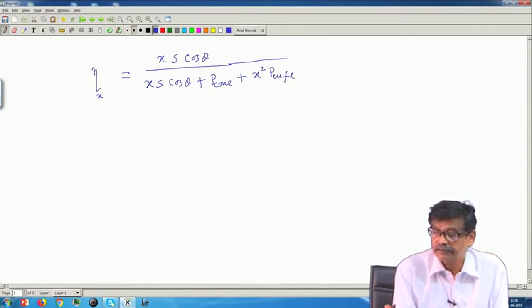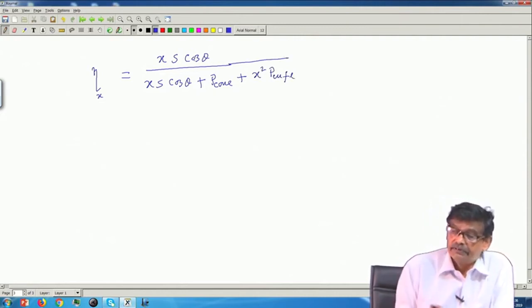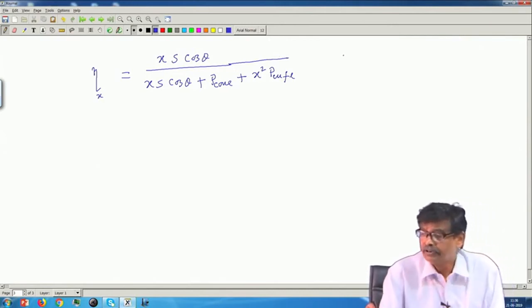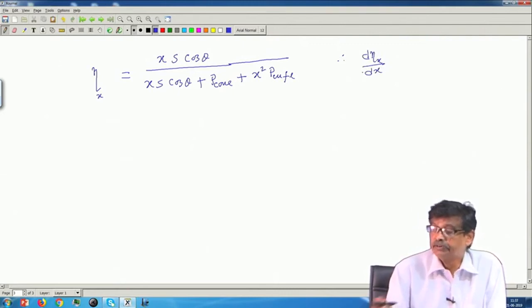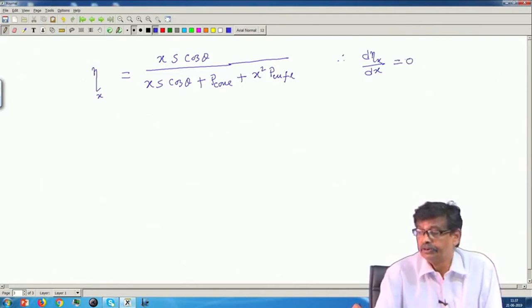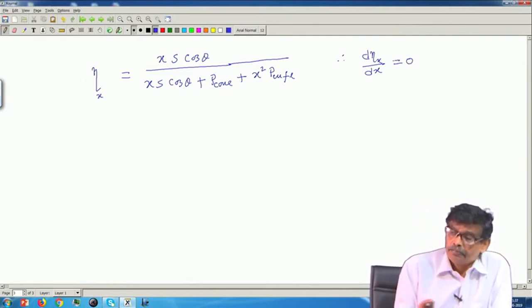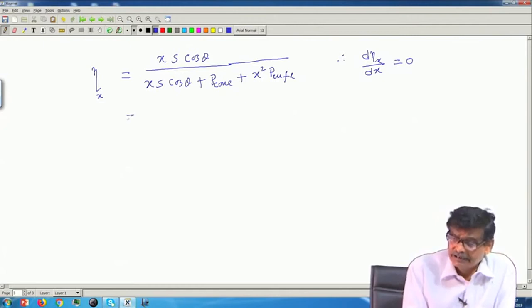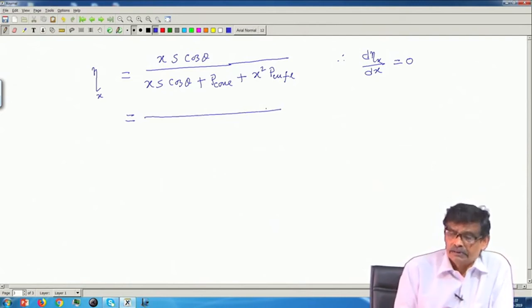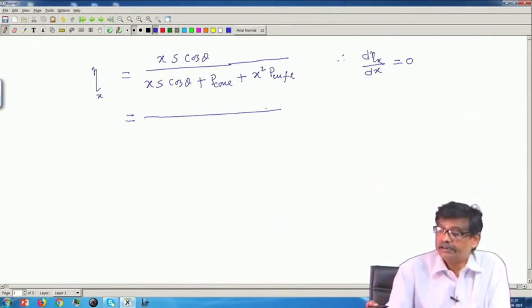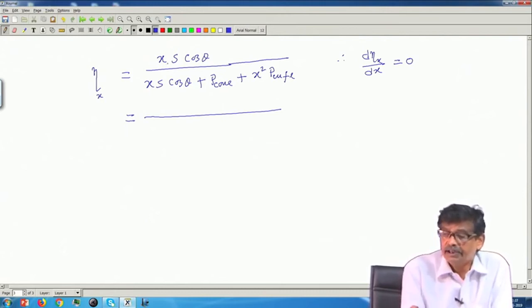This is the expression, and under the condition you are varying x, you want to know at what value of x this efficiency is maximum. What you have to simply do is differentiate this expression with respect to x and set it to 0 and get the value of x. But I will do it in a slightly different way, so as to reduce my mathematical effort to get this value. What I will do is, I will divide both numerator and denominator by x.